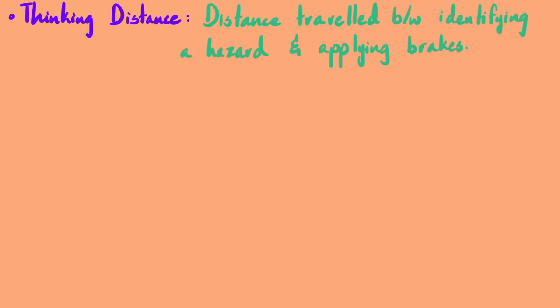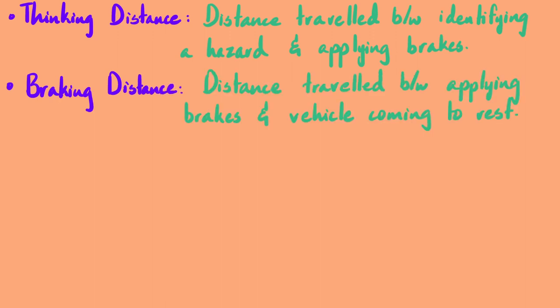The next one, then you can also probably guess what's coming up now, is its counterpart, the braking distance. So the braking distance is the distance traveled between applying the brakes and your vehicle then coming to rest. The next one is obviously the stopping distance.